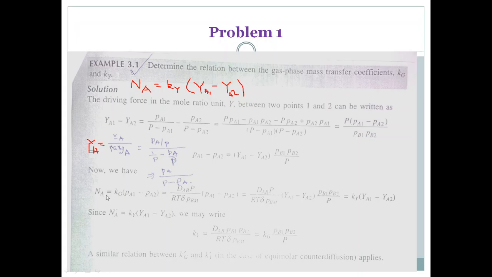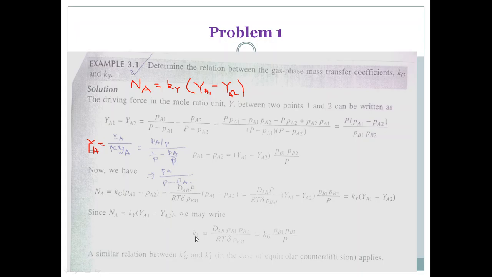Now what is Kg? Kg equals DAB P over RT delta Pbm into Pa1. Now I can express this expression in terms of this, and capital Y equals this coefficient into this term.